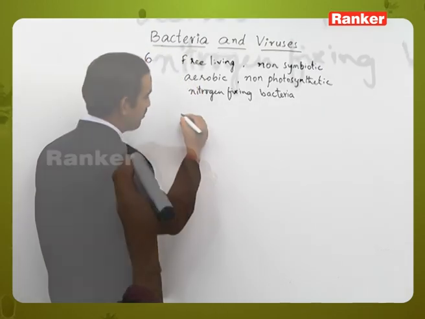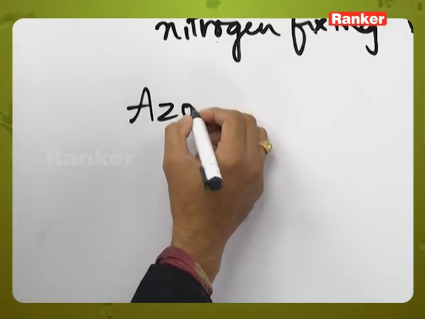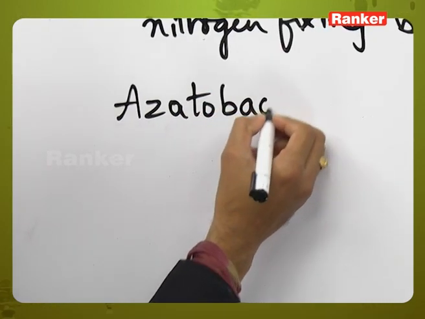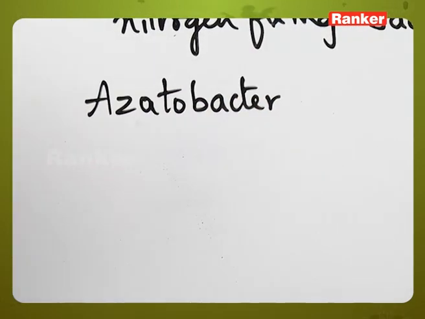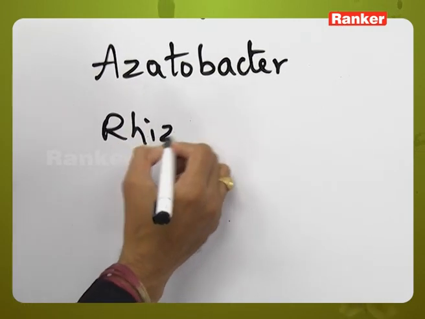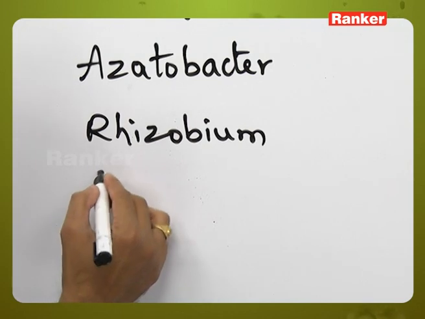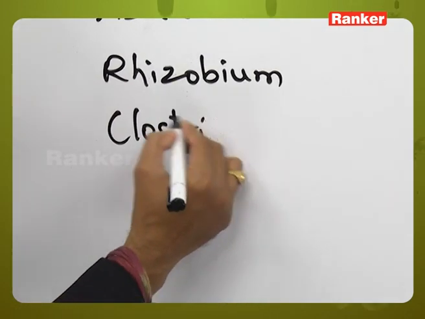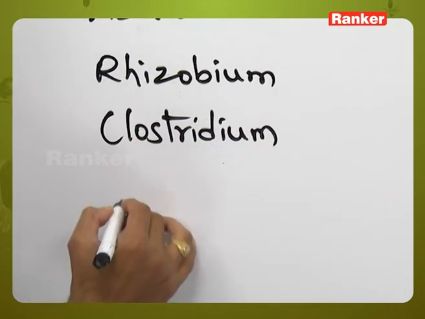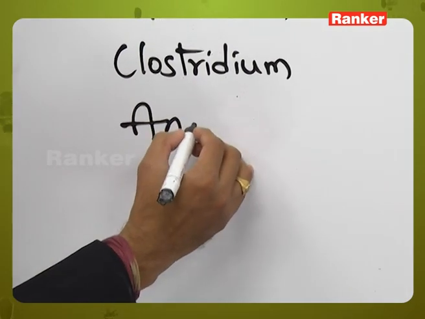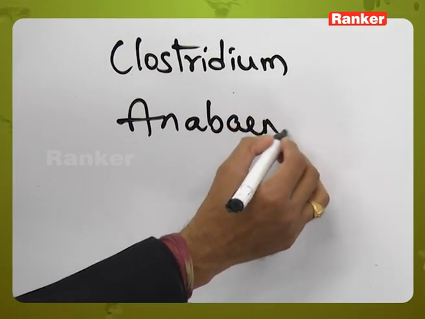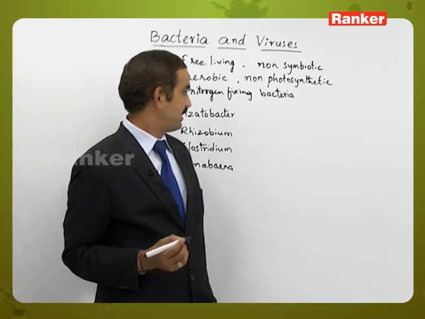Let us take the examples that have been given in the options: Azotobacter, Rhizobium, Clostridium, and Anabaena.